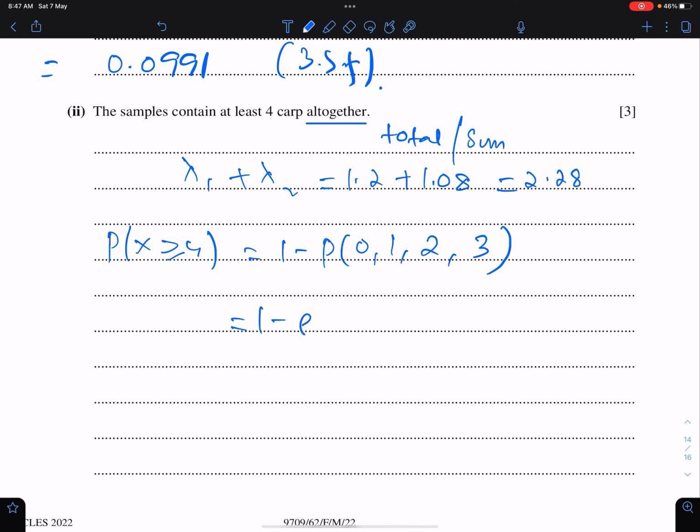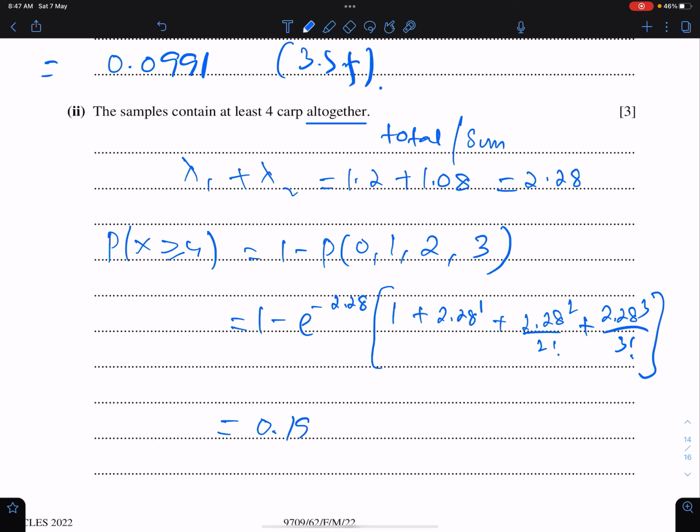So 1 minus e power minus 2.28. 0 means 1, 1 means 2.28 to the power 1, 2 means 2.28 square over 2 factorial and 3 means 2.28 power 3 over 3 factorial. 0.197 is the final answer up to 3 significant figures.